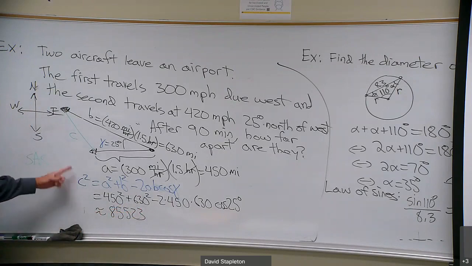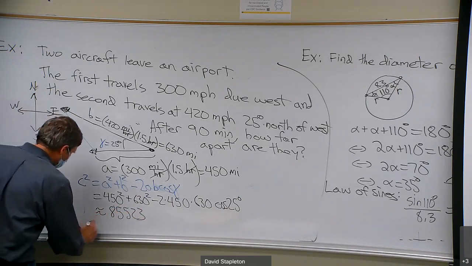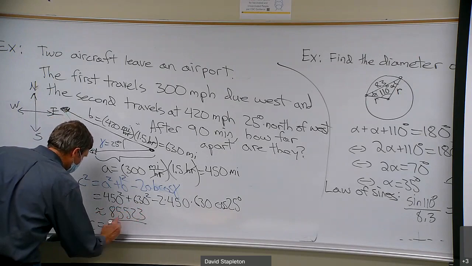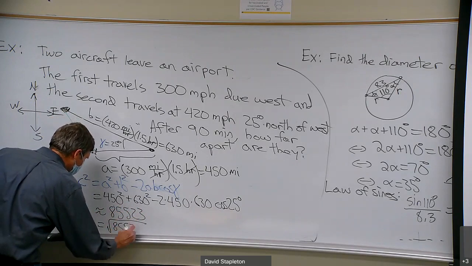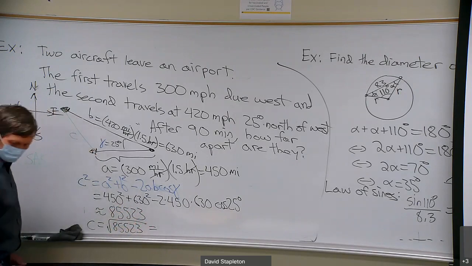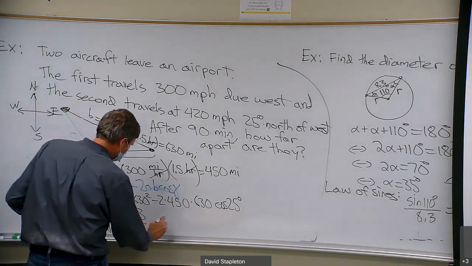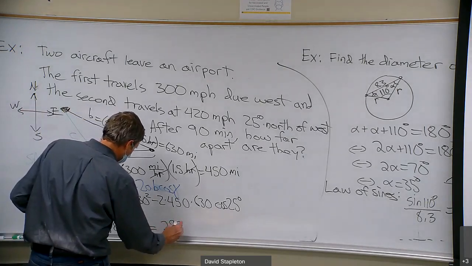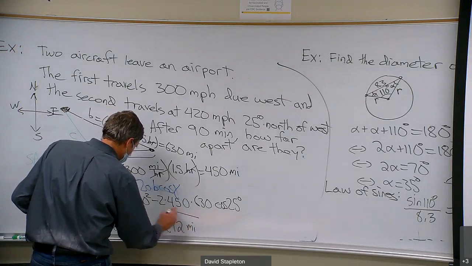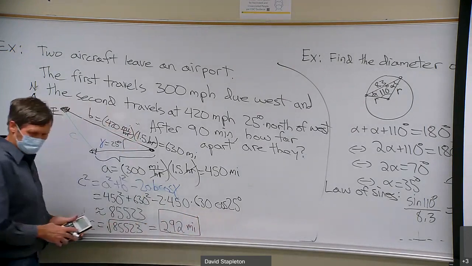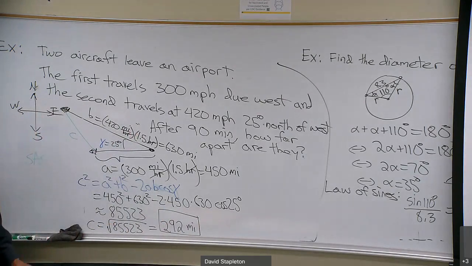It's C squared, so it's miles squared actually. Now what's C? It's just the square root of that number, right? C is the square root of 85,523, about 292 miles. So the planes are about that far apart after 90 minutes.